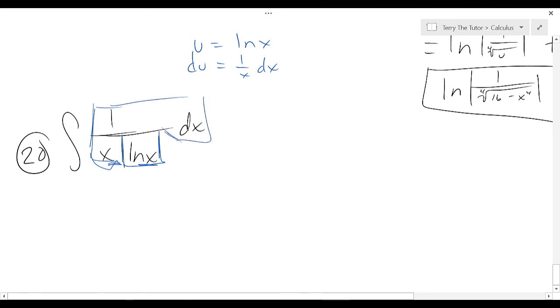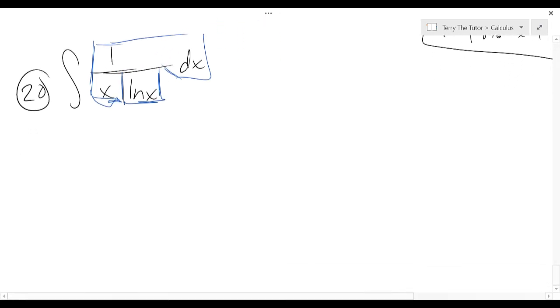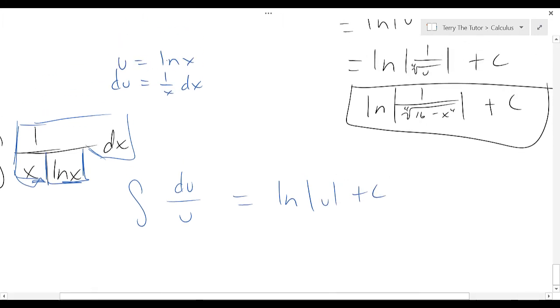I think that works. So let's go ahead and u sub. I've got the integral of du over u. And that's a natural log. So I've got the natural log of u plus c. And my u is the natural log of x.